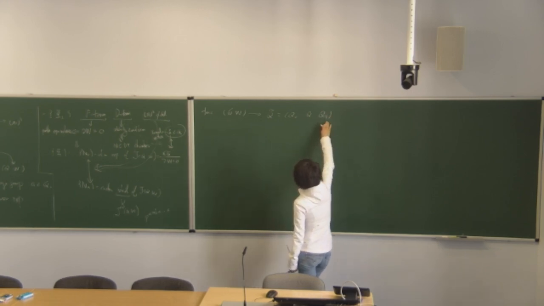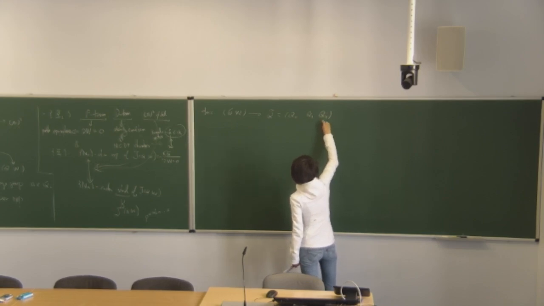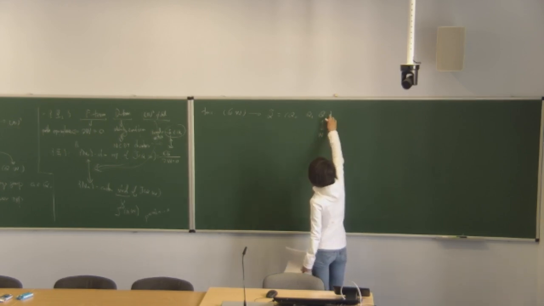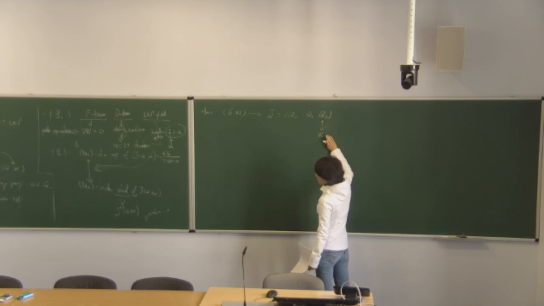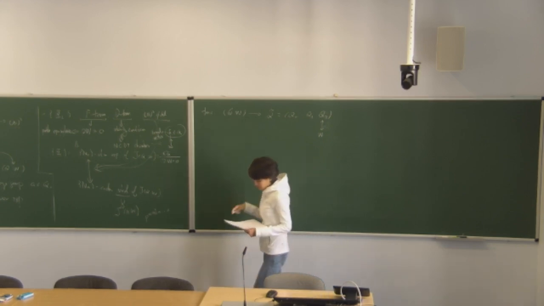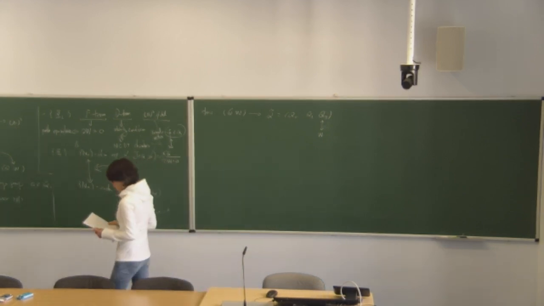Here Q2 is the collection of the phases. This corresponds to the superpotential. Each phase inside Q2 corresponds to a term inside the superpotential, and the orientation of the phase corresponds to the sign.